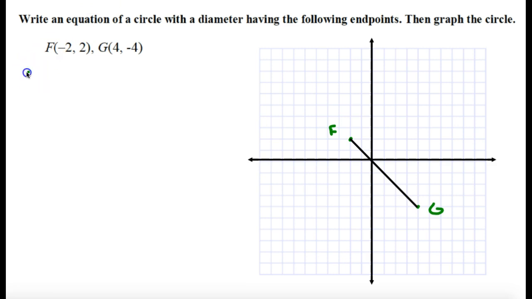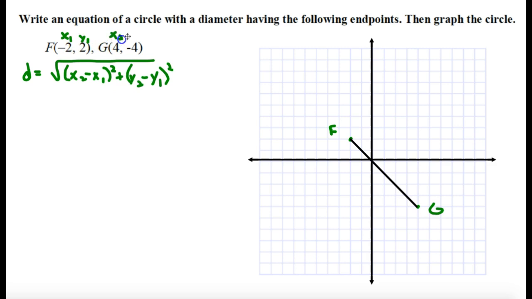Right? So let's say distance is the square root of x2 minus x1 squared plus y2 minus y1 squared. So I can label my points x1, y1, x2, y2, and then plug them in. So we will have 4 minus -2 squared plus -4 minus 2 squared.